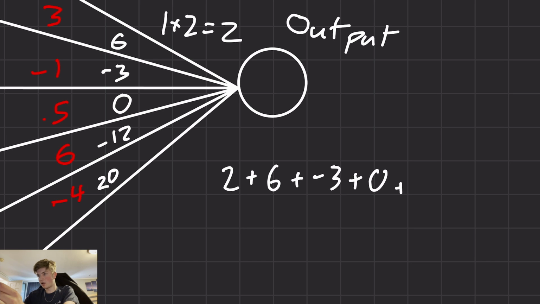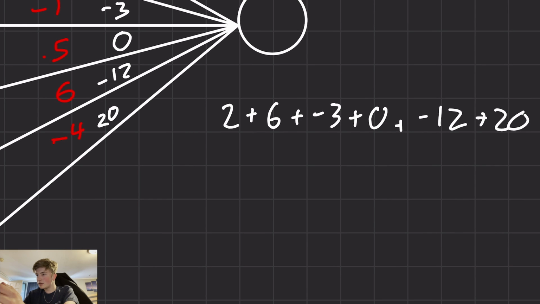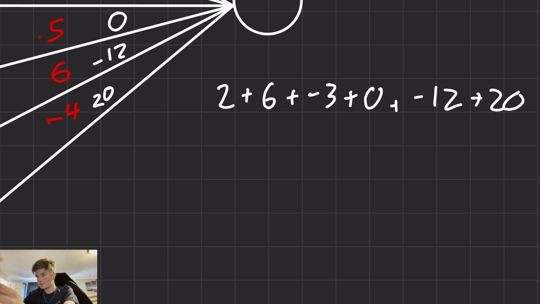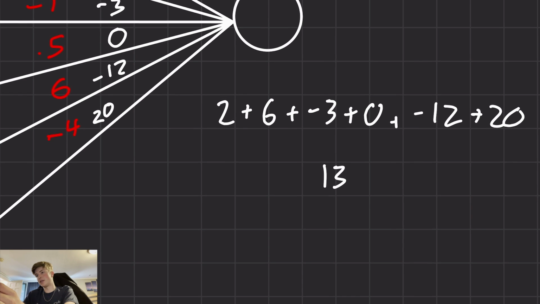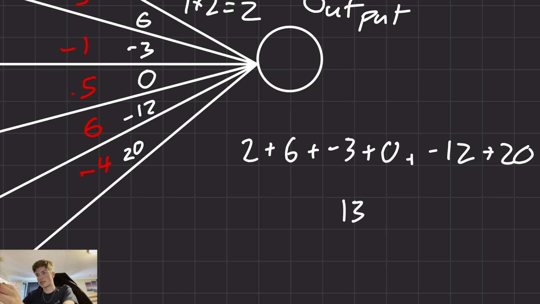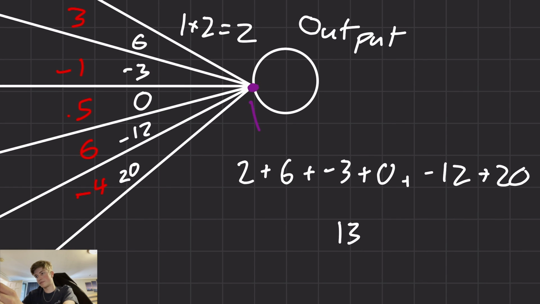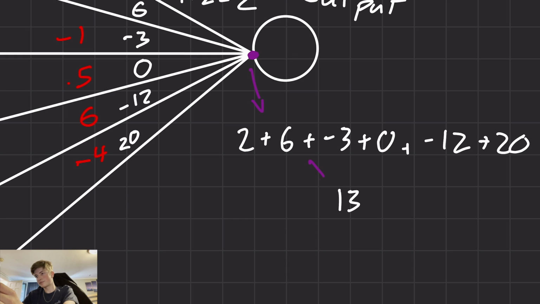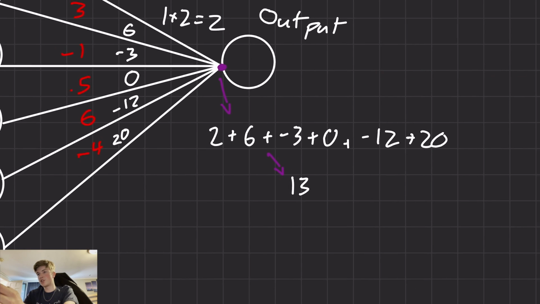Now, an activation is what happens after we multiply the weights and the neurons. So after we multiply the weights by the neurons, we want to be able to add all of these outputs together. So we're going to do that. We're going to add 2 plus 6 plus -3 plus 0 plus -12 plus 20.